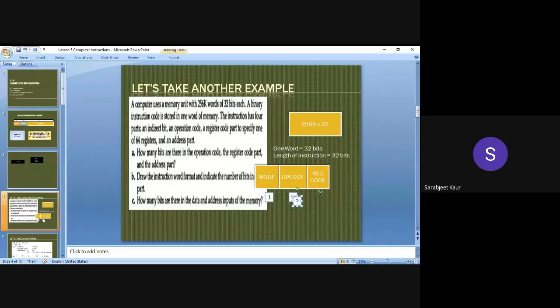But for the register code, he's telling us that it specifies 1 out of 64 registers. So 64 is 2 raised to the power of 6. So how many bits will I require in this part? 6 bits. Okay, so I can work this out here. And the final part is the address part.